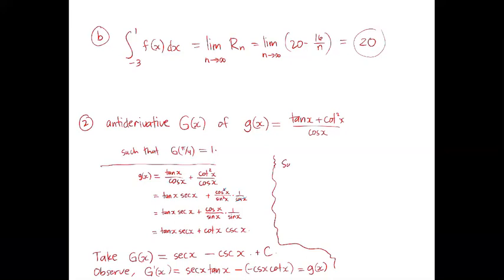So, if G of pi over 4 is equal to 1, then you have 1 equals G of pi over 4. This is secant of pi over 4 minus cosecant of pi over 4 plus c.